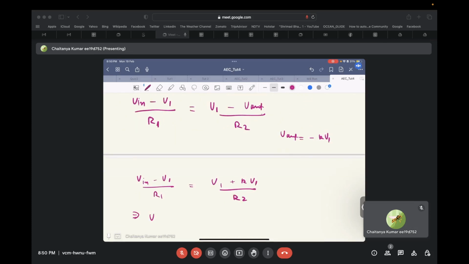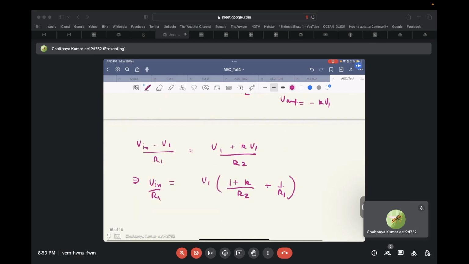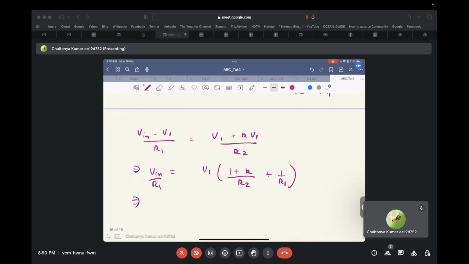That implies V in by R1 is equal to V1 times (1 plus K by R2 plus 1 by R1).